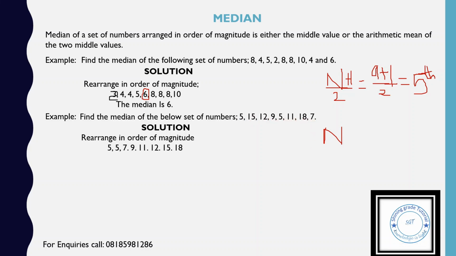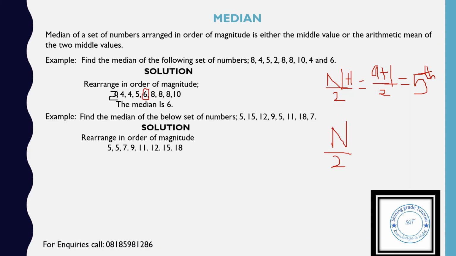8 observations. So we can just say we have n plus 1 divided by, no, the 1 is not necessary. It will be n over 2 since they are even in number. Okay, let's put plus 1 there.